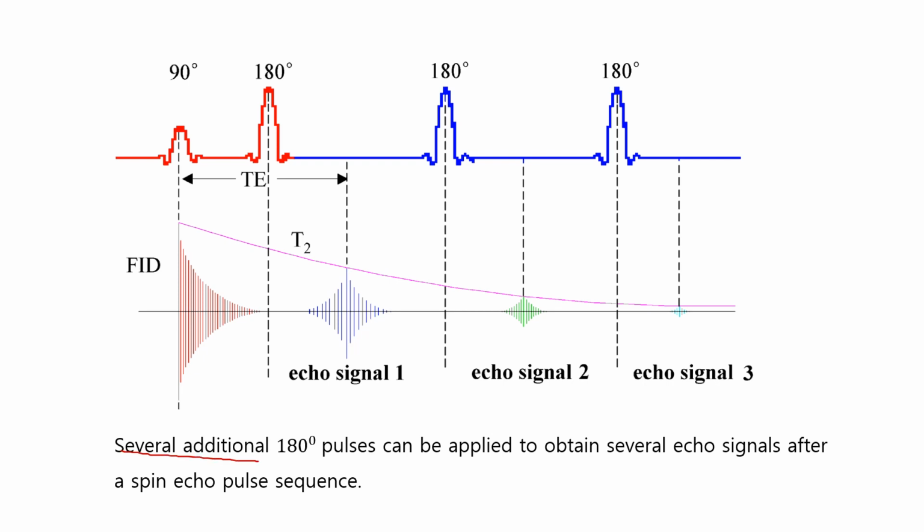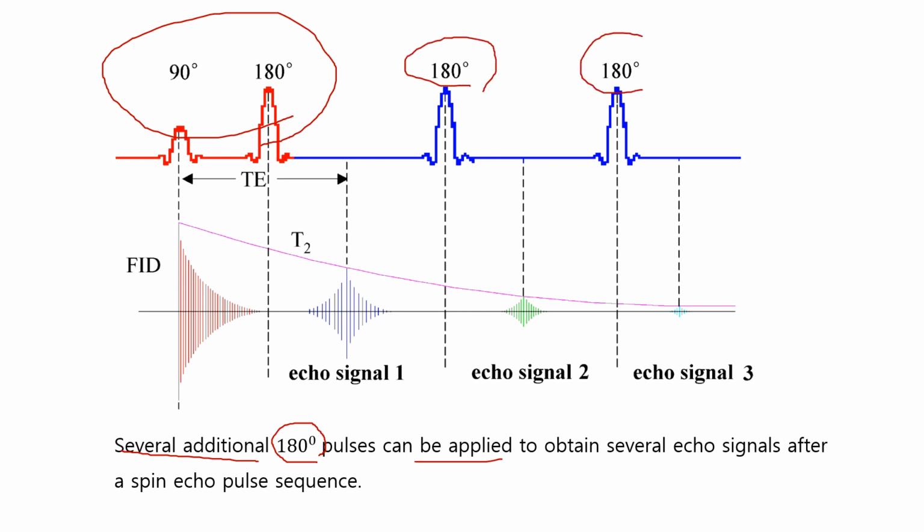Several additional 180-degree pulses can be applied to obtain several echo signals after the spin echo pulse sequence. So the spin echo pulse sequence is given here, and after that we can apply several other 180-degree pulses to obtain the echo signal. But due to T2 decaying, the echo signal intensity is decreasing as a function of time.